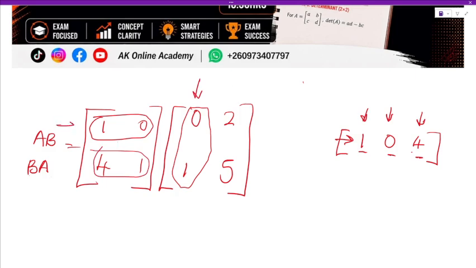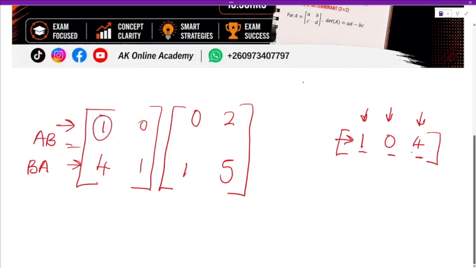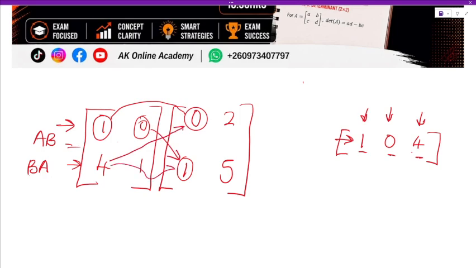Again, this row by that column, and again this row by the same column. So how do you then multiply? You're going to say 1 times 0 plus 0 times 1, like that. This guy times that one, and then that one times that one. Again, you follow the same principle: this one times that first value, this one times this value here.